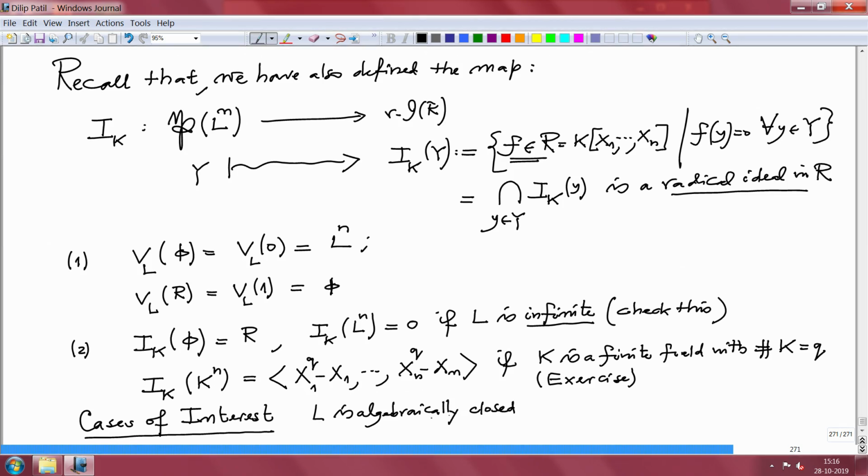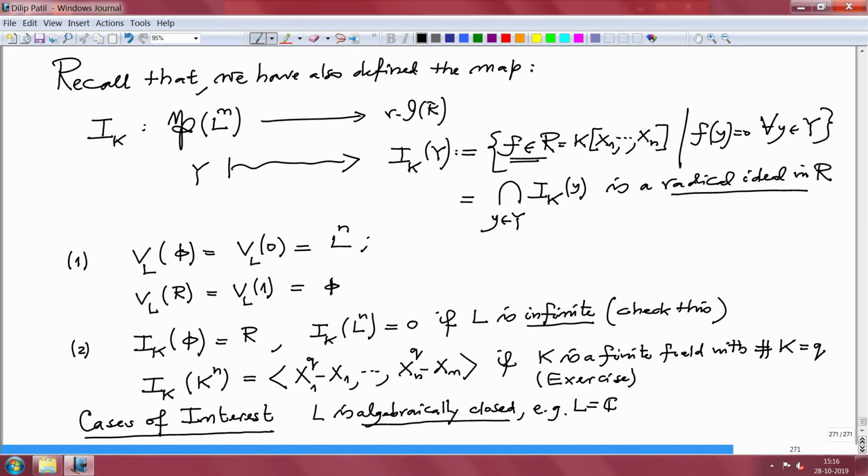Algebraically closed means, as we already recalled in the first lecture, that every non-constant polynomial with coefficients in L has a zero in L. A typical example of algebraically closed is L equal to C, the complex numbers.